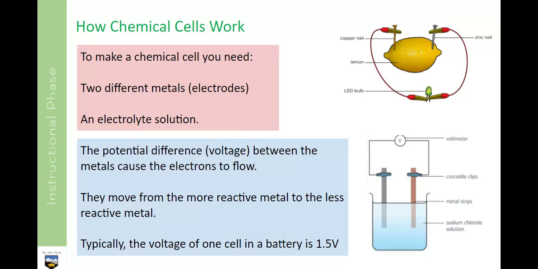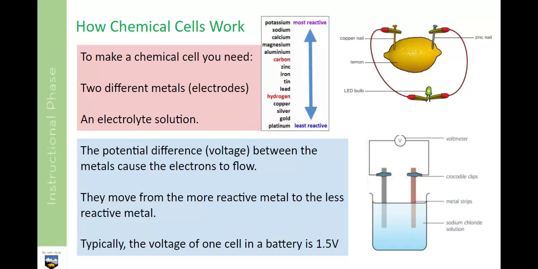So remember, the metals need to be different, and one metal will be more reactive than the other. And that is what causes the flow of electrons. Now, the electrons will flow from the more reactive metal to the less reactive metal. So if we look at our reactivity series of metals, you should recognise that. That's nothing new.